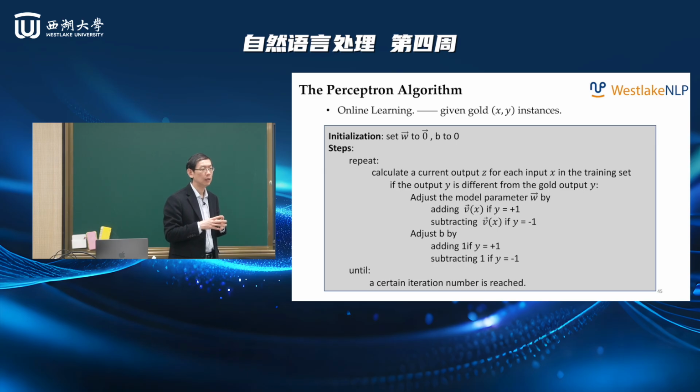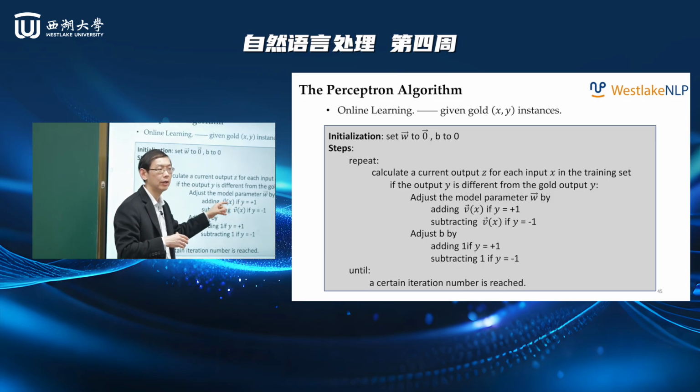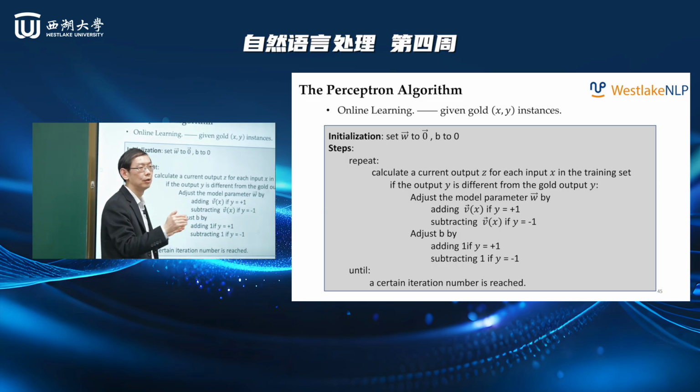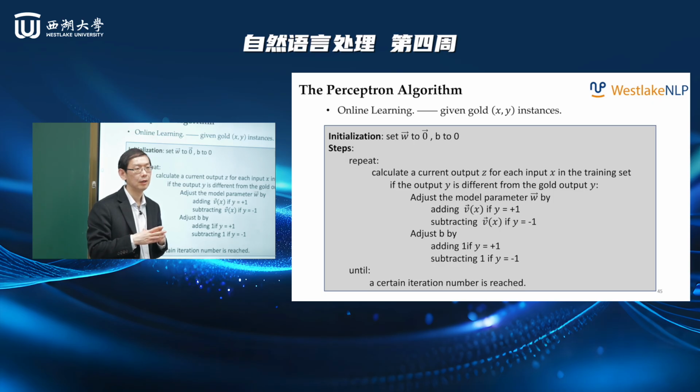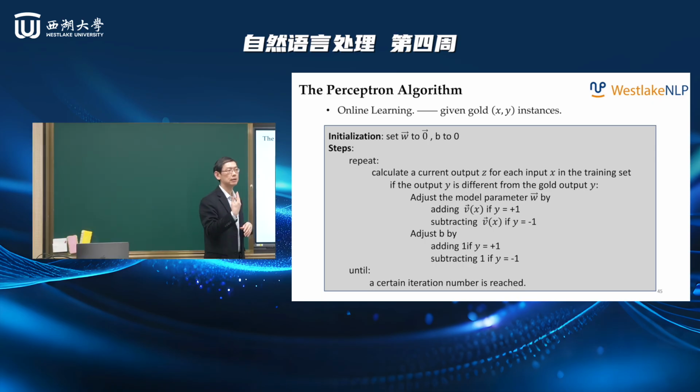If it's a positive class, I add the vector representation of my document into the model parameter omega, and I add 1 to B. But if the document is a negative class, I subtract the document representation from my omega, and I subtract 1 from B. This is the update.